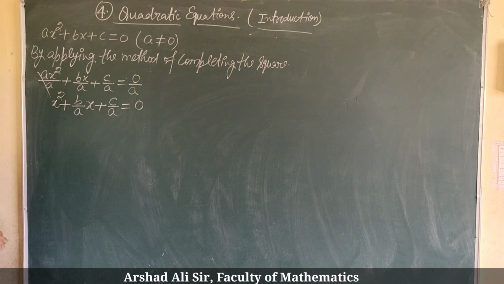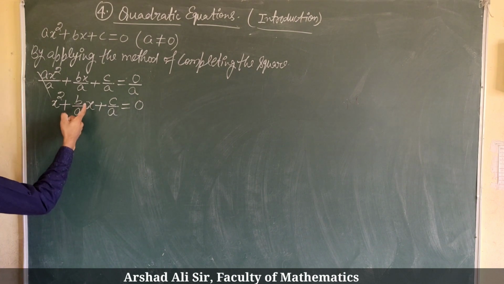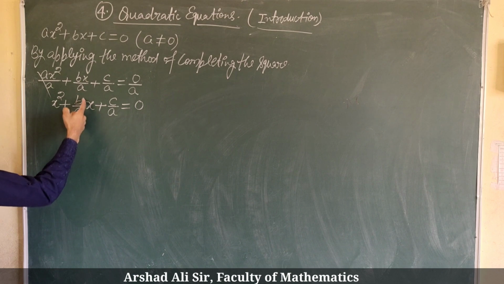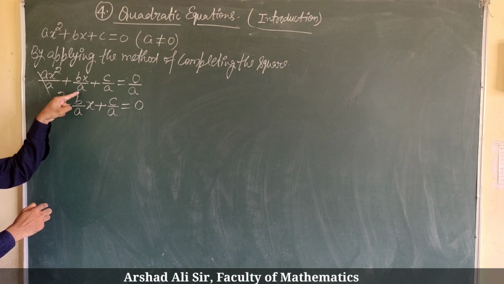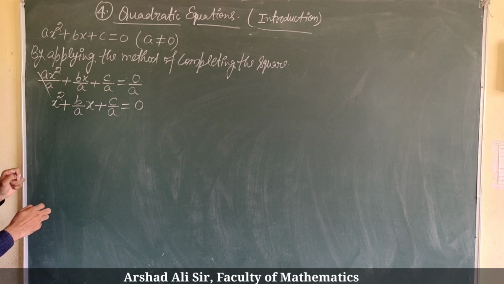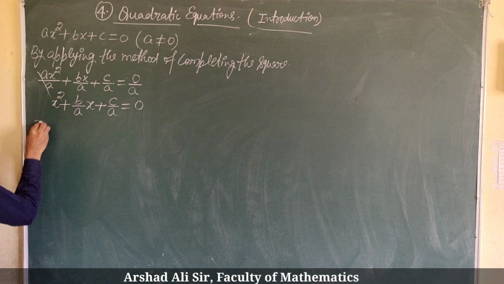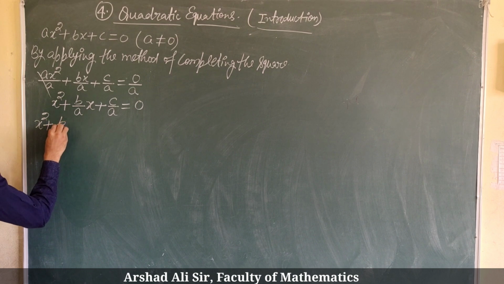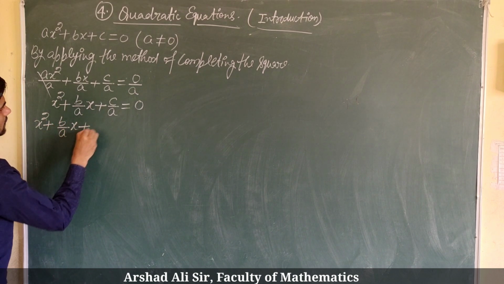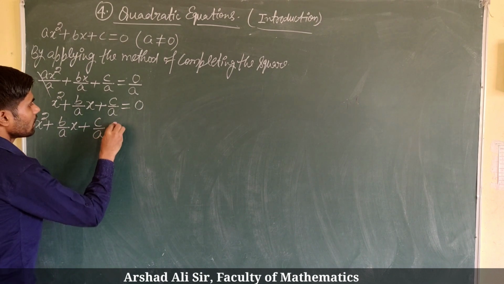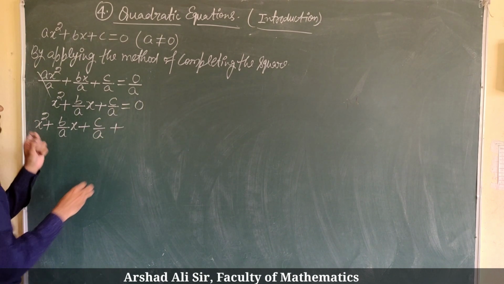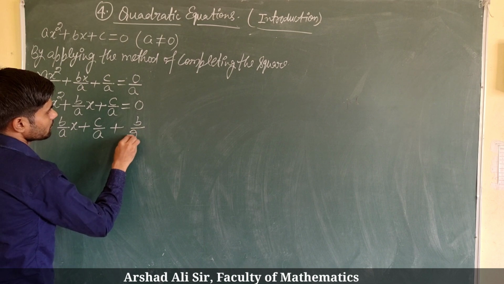Now the second step: what is the coefficient of x? b upon a, and what will be half of the coefficient of x? b upon 2a.